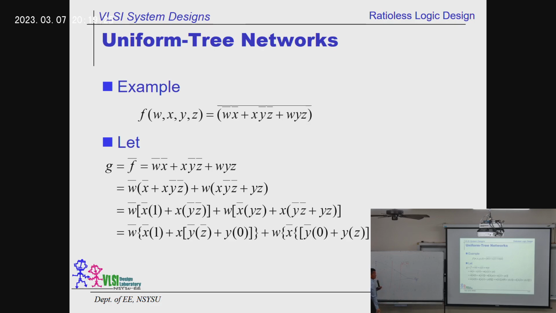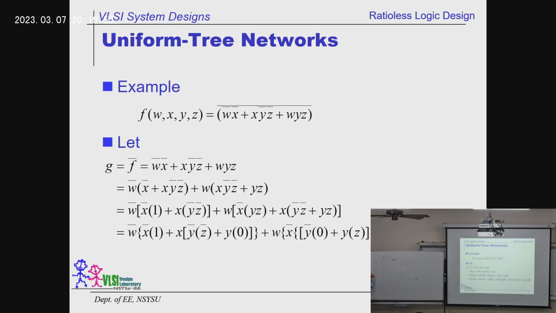The second variable it decomposes is X. So X and X bar will take care of the middle part of the switch. And the last one is Y, because W, X, Y. So Y and Y bar will take over the control of this part of the transistors.